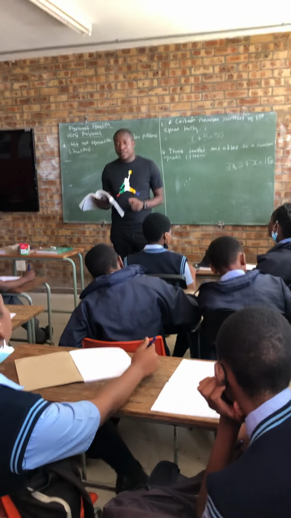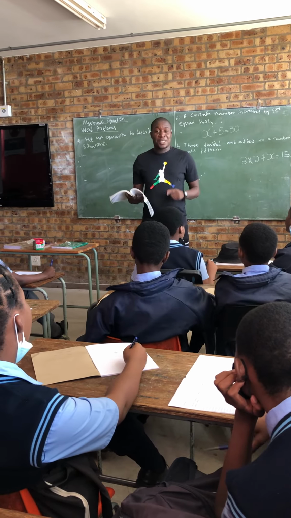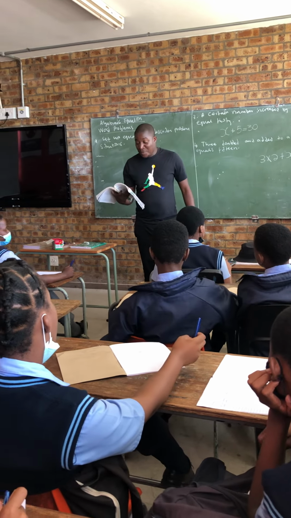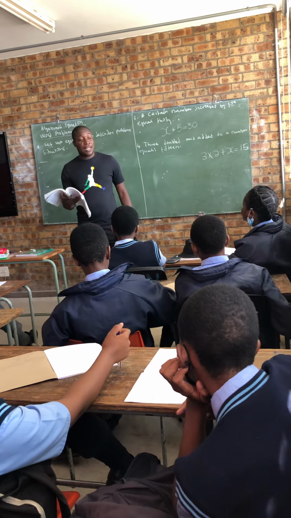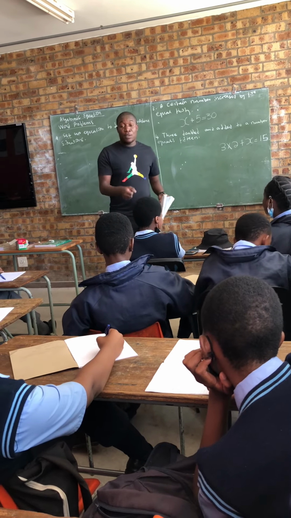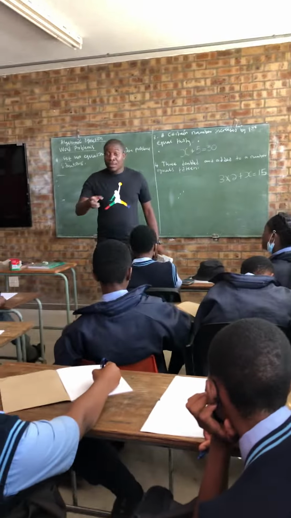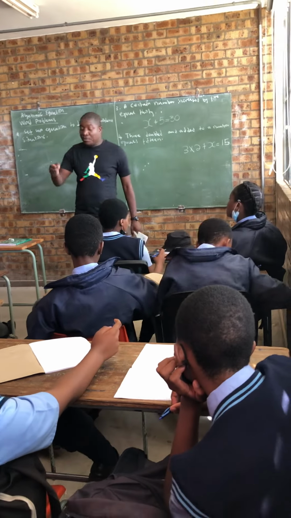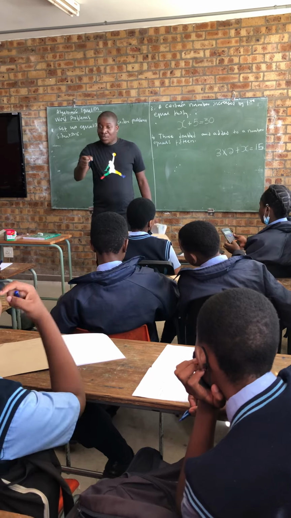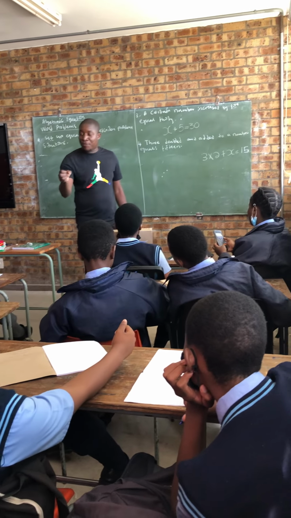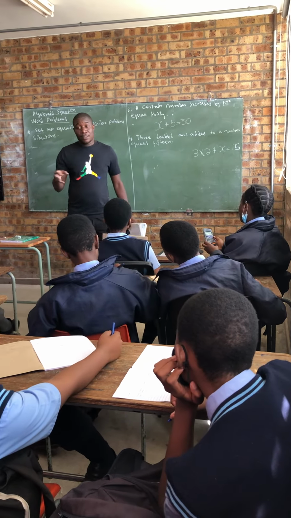Zinzi is a florist. She makes a certain number of bouquets and sells all of them at 40 rand each. When you go to ShopRite or Pick n Pay and buy flowers, maybe to give to our parents or anyone else, that package we refer to as a bouquet.